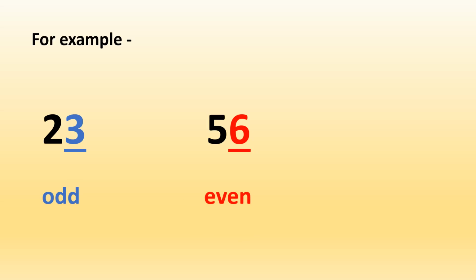Let's look at one more example. Now we have number 97. Which number is at ones place? It is number 7. And we all know that 7 is an odd number. So 97 will be an odd number too.